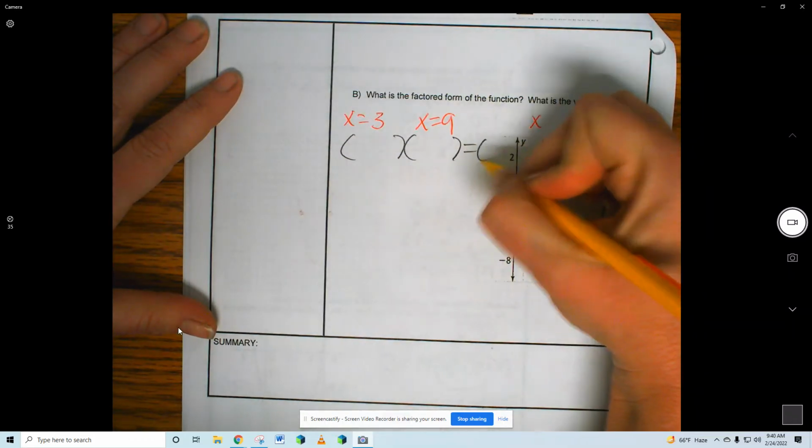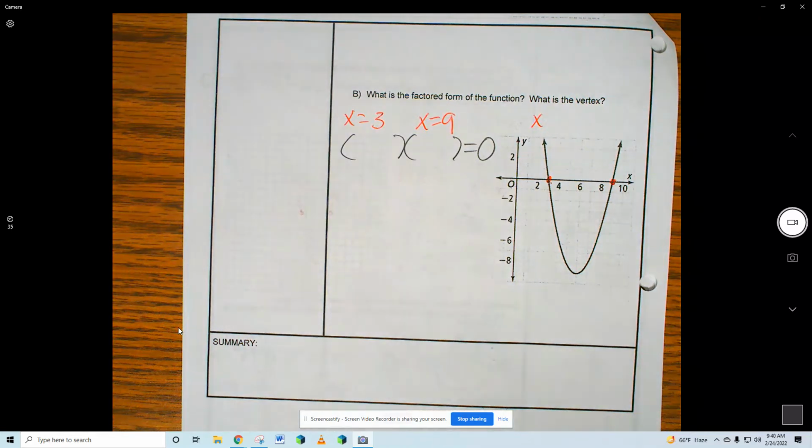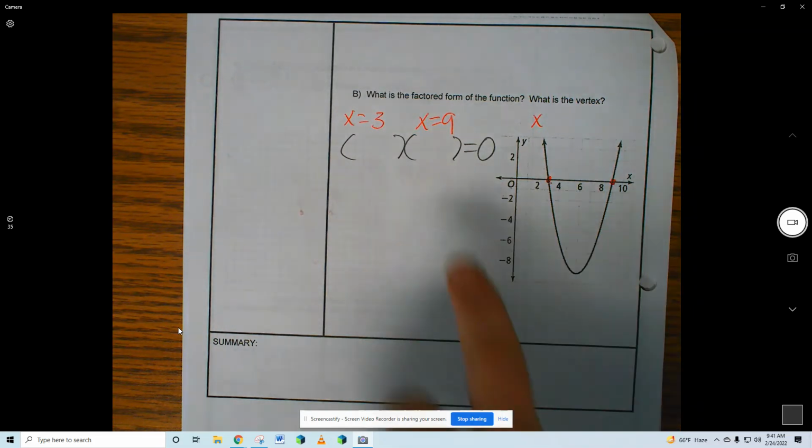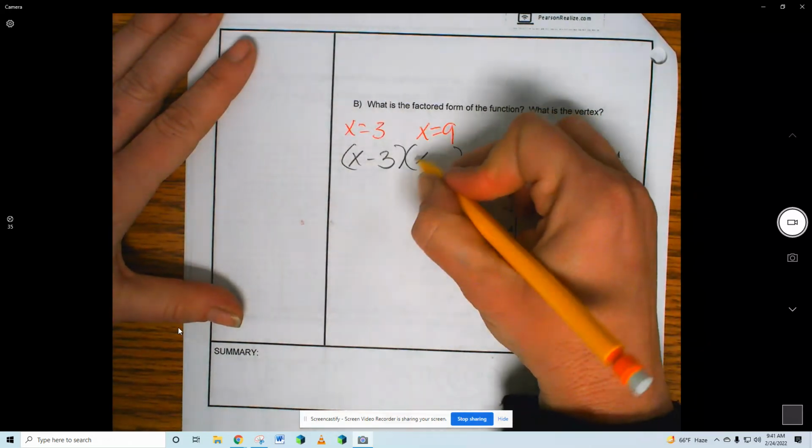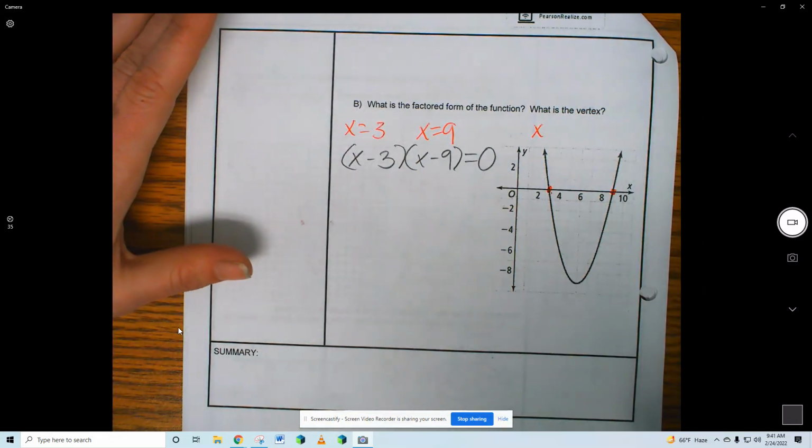Write it down. What's in your parentheses for this? X minus 3, x minus 9. Good.